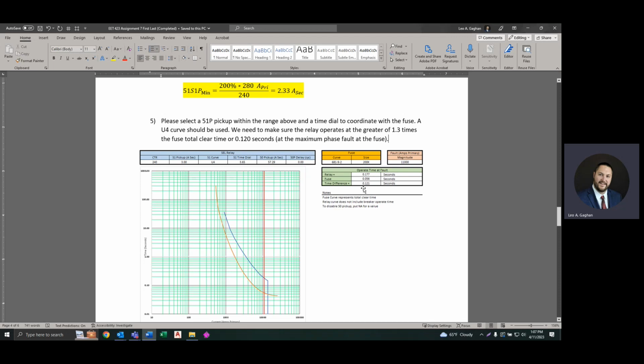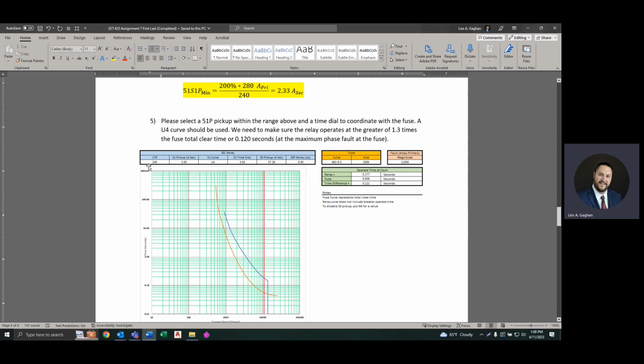And my time difference would be 121 milliseconds. Also, my total clear time for my fuse was 0.056 seconds. If I multiply that by 1.3, I get a number that I don't know off the top of my head, but 0.177 is larger than that number, just eyeballing it.